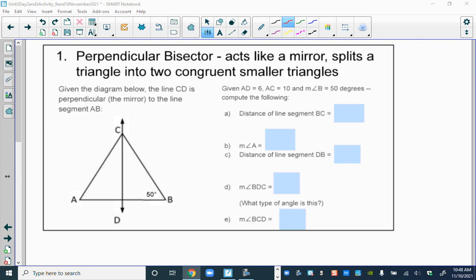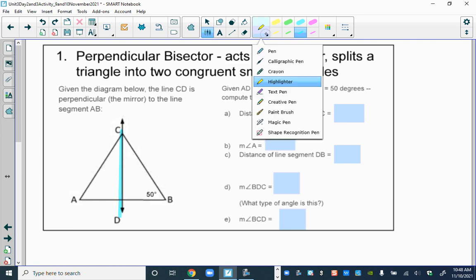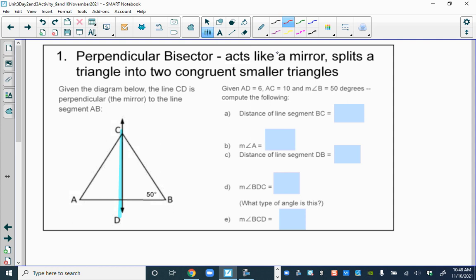So what we have, number one, the perpendicular bisector. Remember, it acts like a mirror. From C to D, that's your perpendicular bisector, that's your mirror. Also, when a perpendicular bisector touches the opposite side, it's perpendicular.